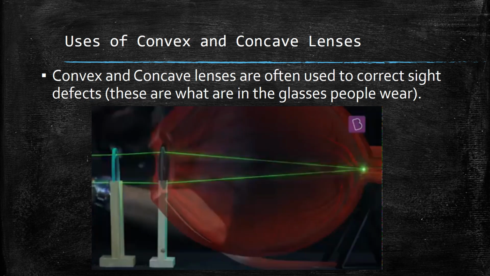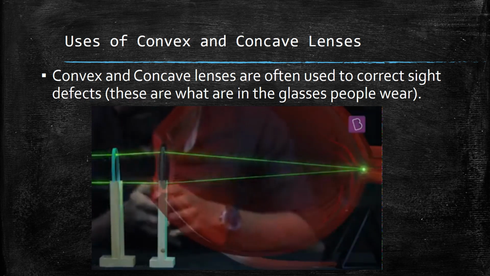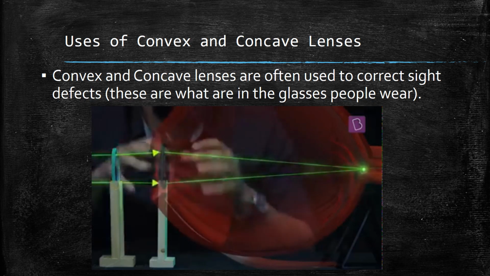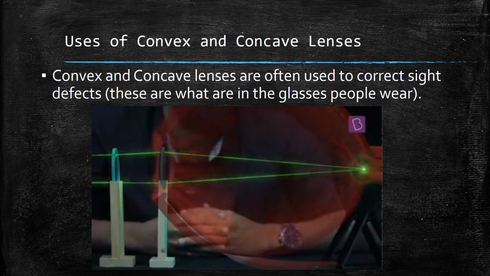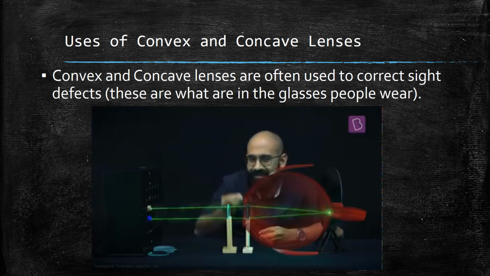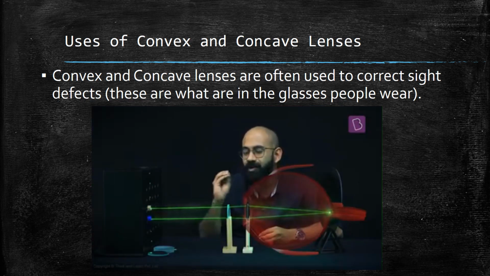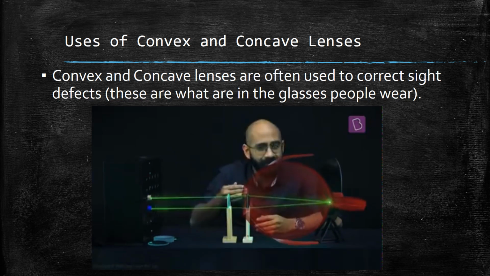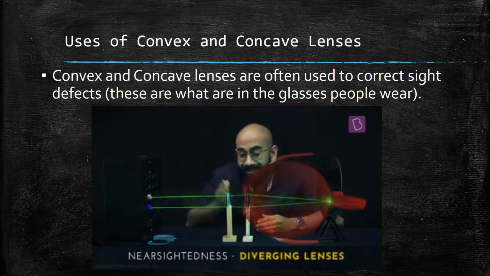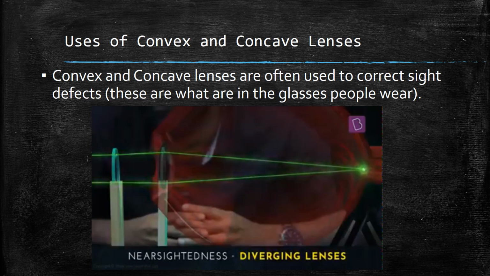Now, this is because the incoming rays are first diverged by the corrective lens, and then the eye lens can further converge those rays onto the retina. So now, this person can see a clear image of those far off objects. So this is why a person with nearsightedness requires spectacles with diverging lenses.